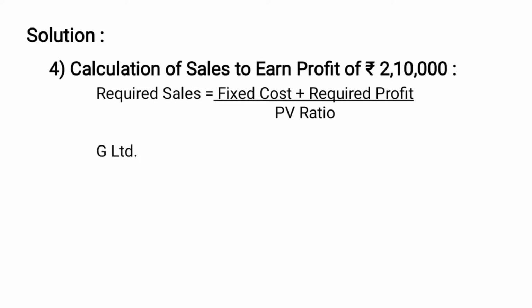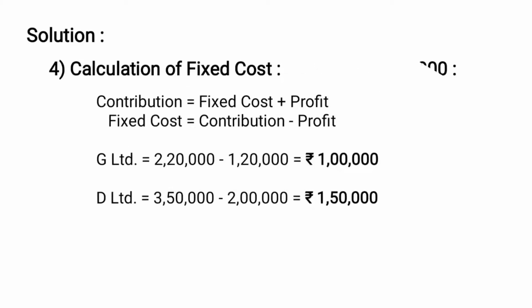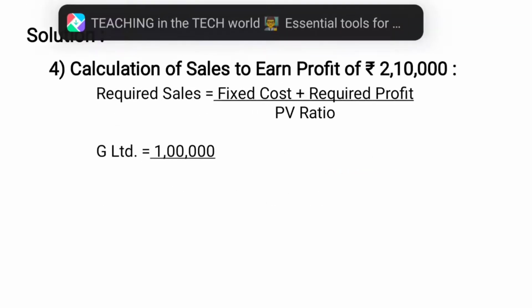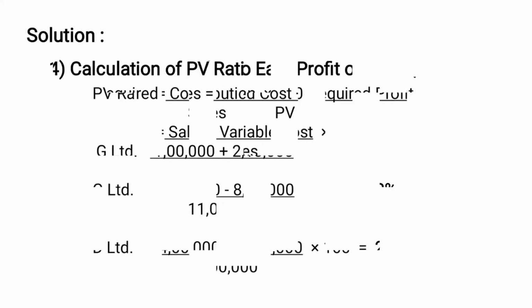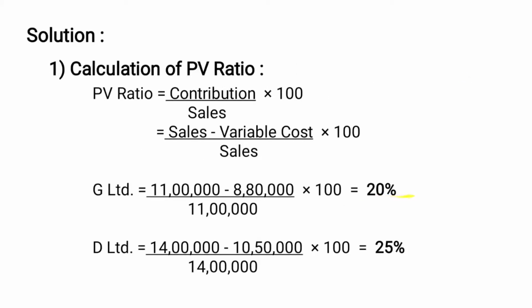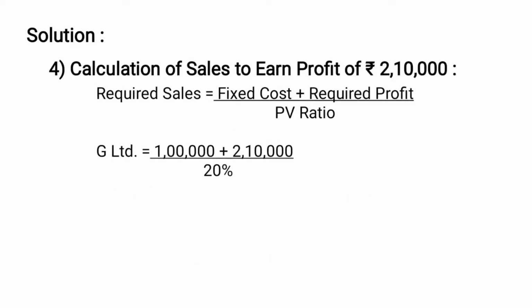So for G Limited, fixed cost amount is rupees 1 lakh plus required profit, which is 2,10,000 divided by PV ratio, which is 20%, which will be equal to rupees 15,50,000.